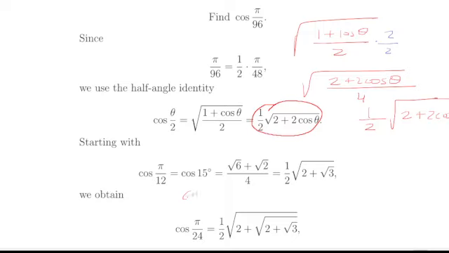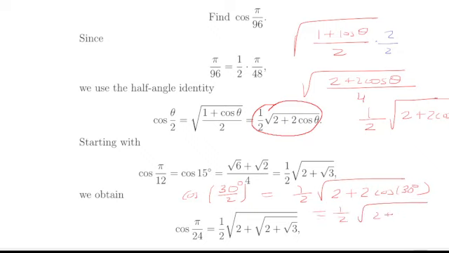So this will be cosine, instead of 15 degrees, it's 30 degrees over 2, which is 1/2 square root of 2 plus 2 cosine 30 degrees. So that's 1/2 square root of 2 plus 2, and then cosine of 30 is square root of 3 over 2. The 2's cancel. We're left with 1/2 square root of 2 plus square root of 3. So that's how we get this.